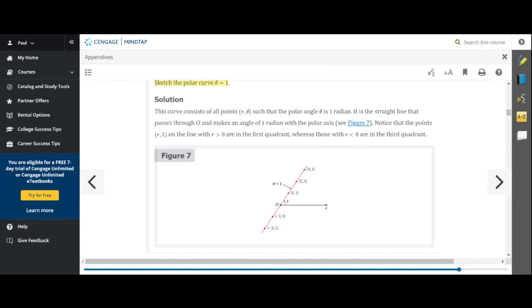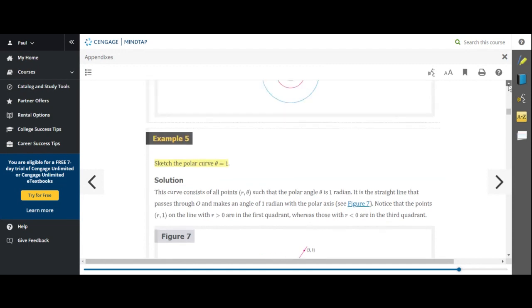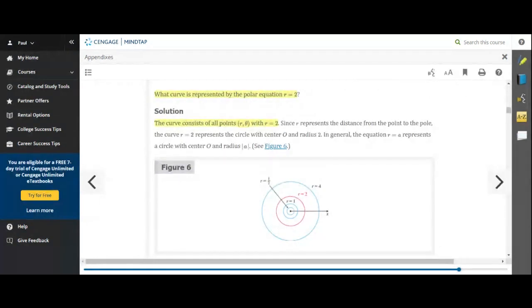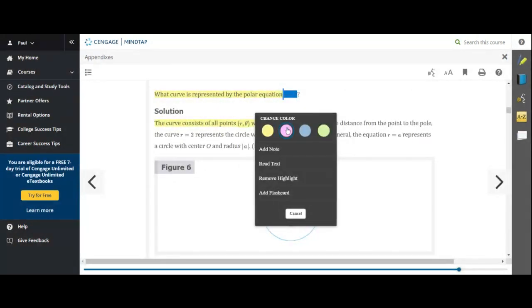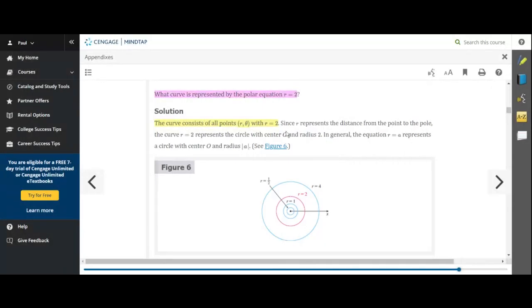One thing you always have to ask yourself, if you have a figure, is whether it is easier to represent the figure in Cartesian coordinates or polar coordinates. For instance, the circle where r equals 2 is a circle with radius 2.